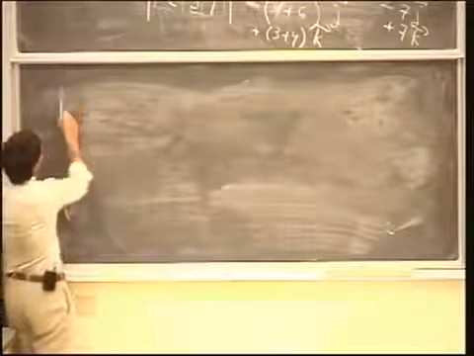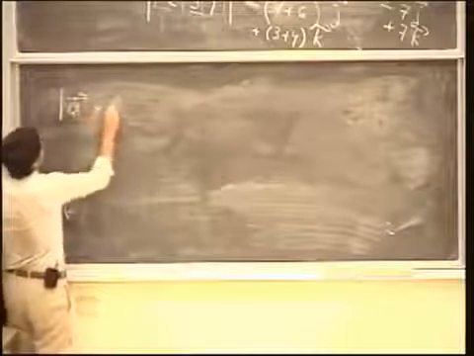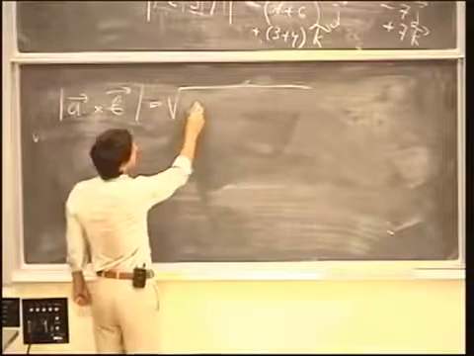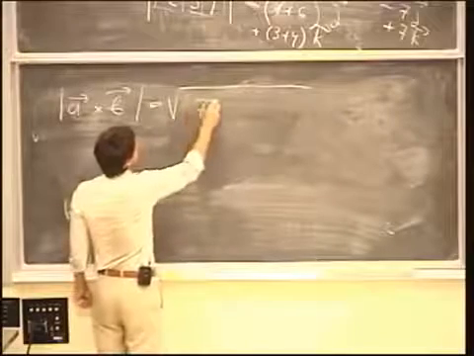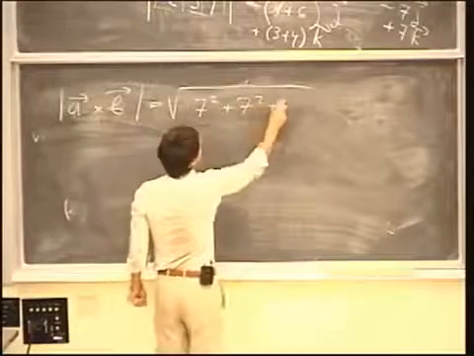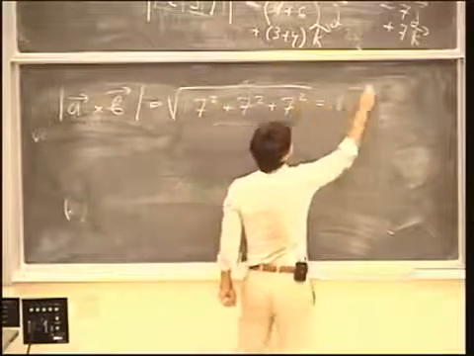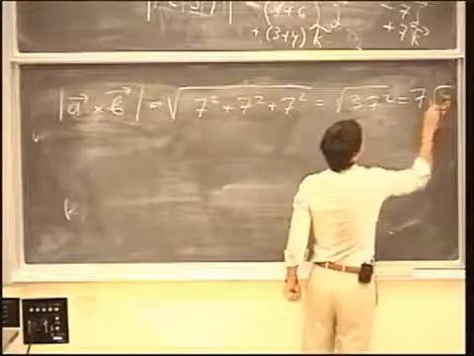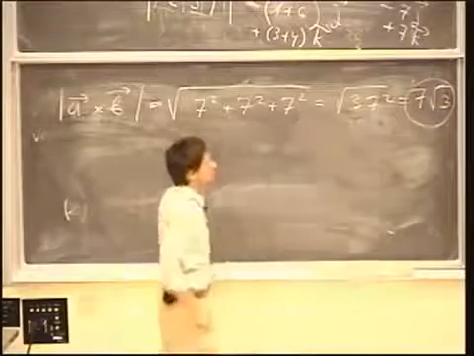So now the magnitude is just the square root of the sum of the squares, which is 7 squared plus 7 squared plus 7 squared, which is 3 times 7 squared, which is 7 times square root of 3. So that's the final answer.